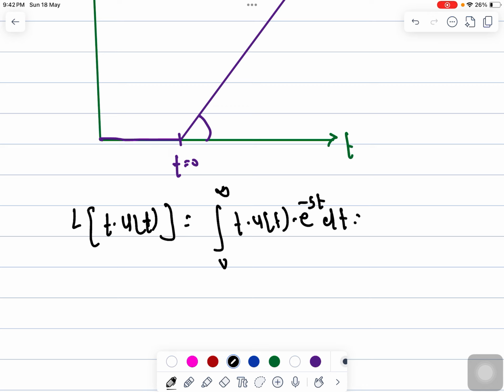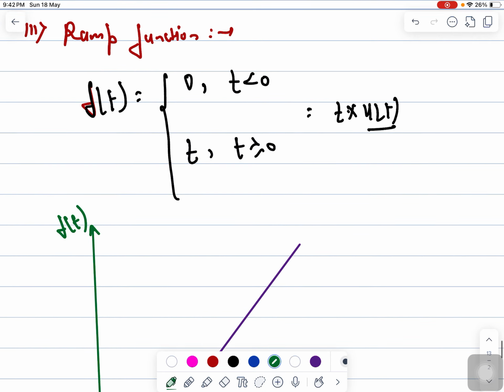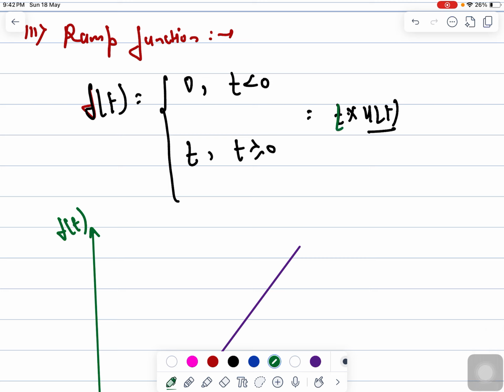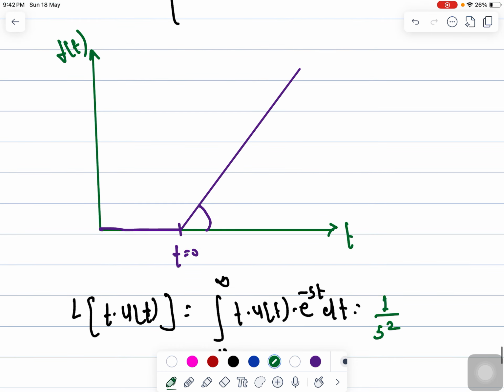In the previous lecture I have already solved these things and we were getting 1 upon s square. So the Laplace transform of the unit ramp function, because here the magnitude is 1, that's why this is a unit ramp input. There may be some magnitude associated with it, I'll tell you later in the next lecture, but here you will see how these kinds of inputs can be associated with a particular problem, and whenever this is there in the problem, you have to understand how the input is going to vary.